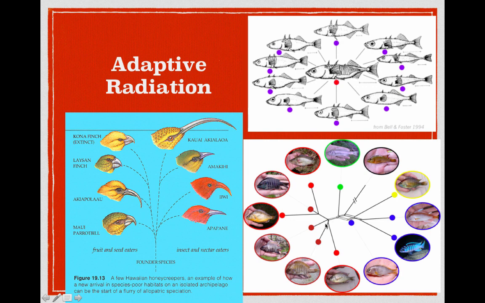All of these fish, I believe, are cichlids. They're all from one individual species. These ones up in the upper right are sticklebacks, and same thing. One individual species got into that environment, and the variety of selected pressures led to a variety of new species.